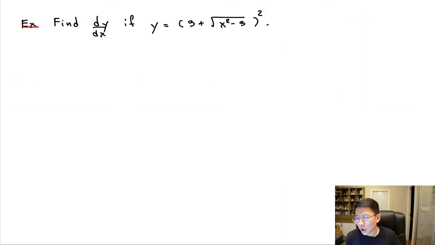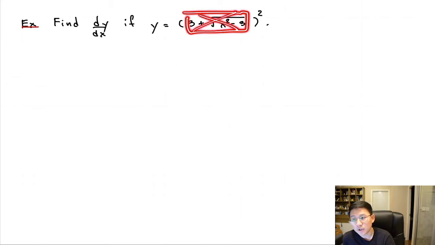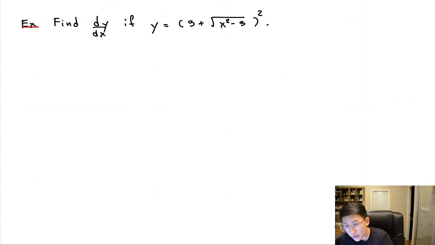But you know that you can differentiate this guy, which is x squared. So it's 2x, isn't it? So first thing I would do is that I would let u be 3 plus square root of x squared minus 3.